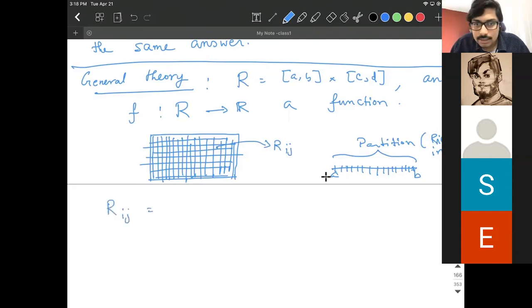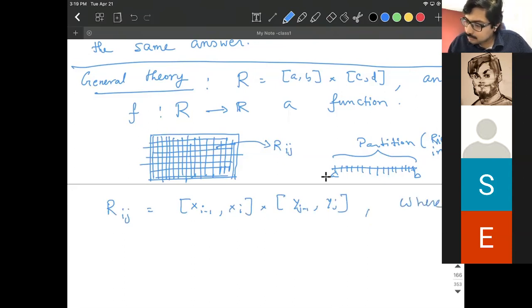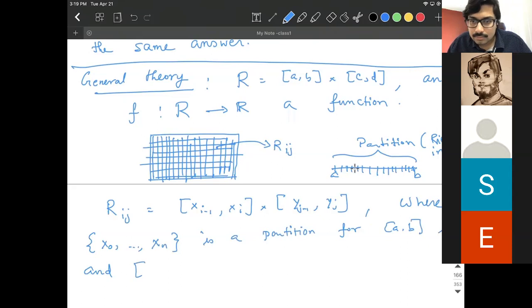Okay? So call each of these small boxes Rij. If you look at the lecture notes, Rij is given by xi minus 1 comma xi cross yj minus 1 comma yj, where x naught up to xn is a partition for the interval AB, and similarly y naught up to yn is a partition for CD.